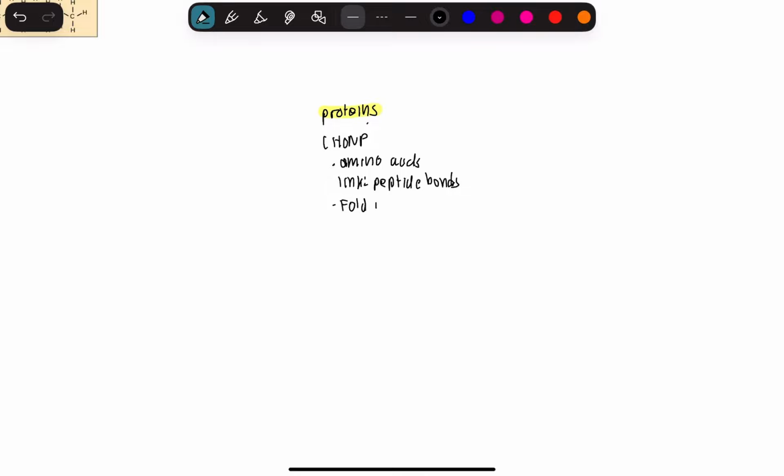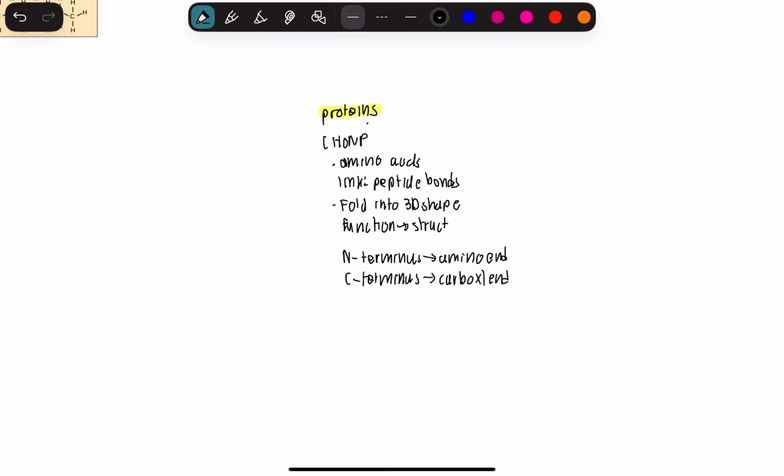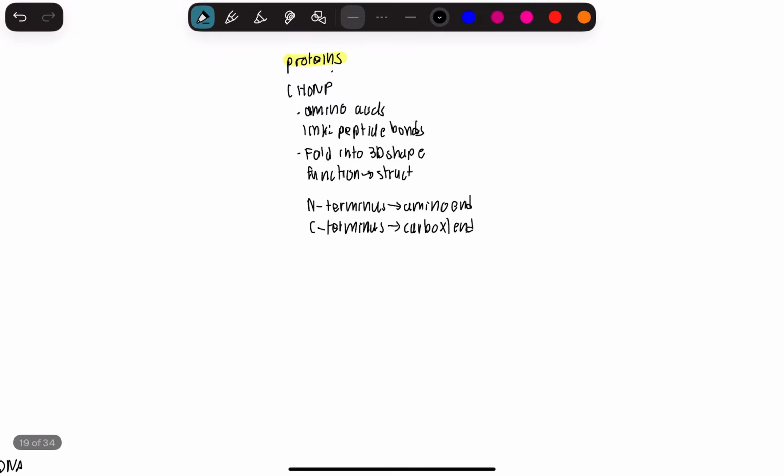They also fold into a 3D shape. So you know the sequence, the structure, and the function.